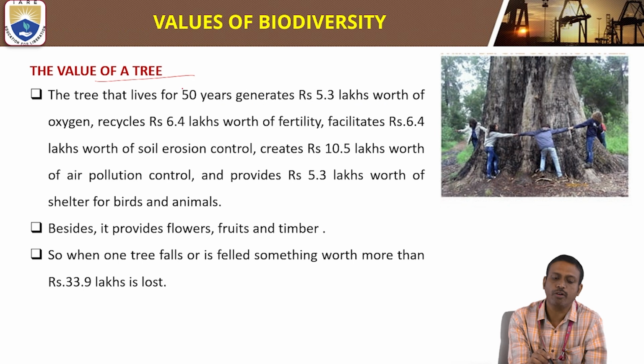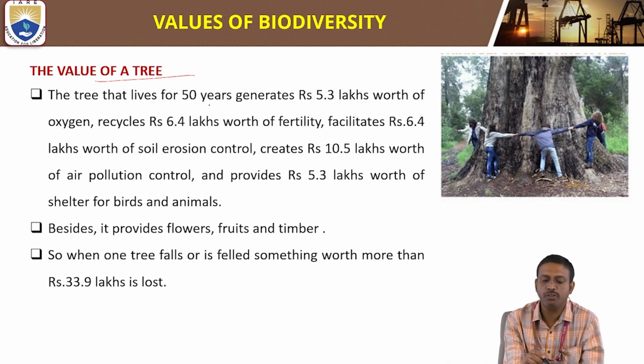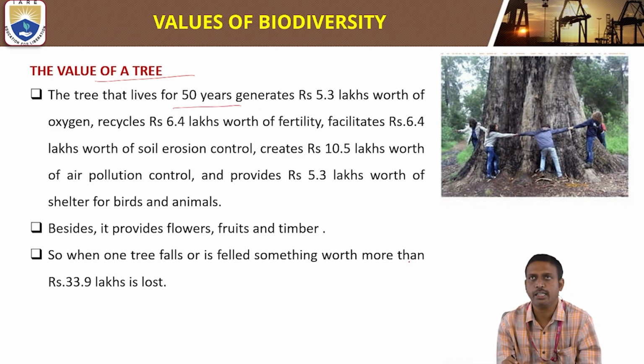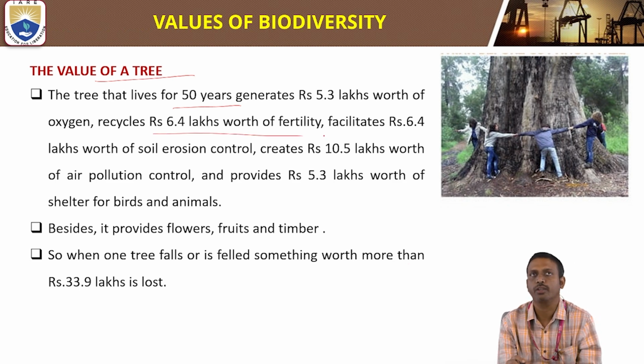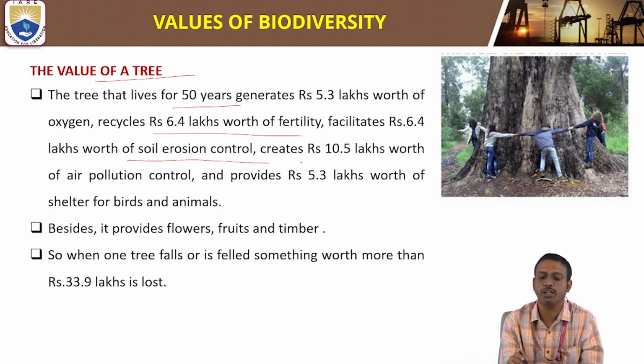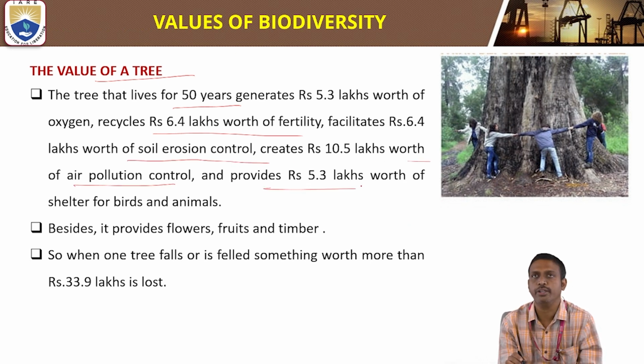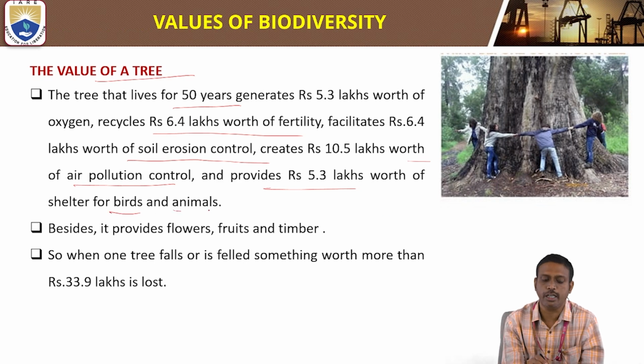Value of a tree. A tree that lives for 50 years generates 5.3 lakh worth of oxygen, recycles 6.4 lakh worth of fertility, provides 6.4 lakh worth of soil erosion control, creates 10.5 lakh worth of air pollution control, and provides 5.3 lakh worth of shelter for birds and animals.